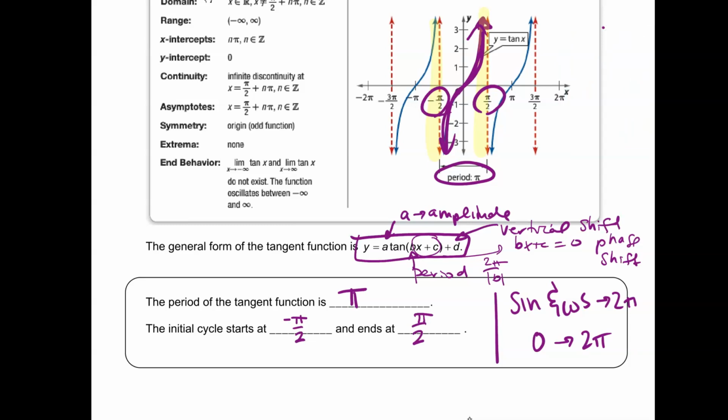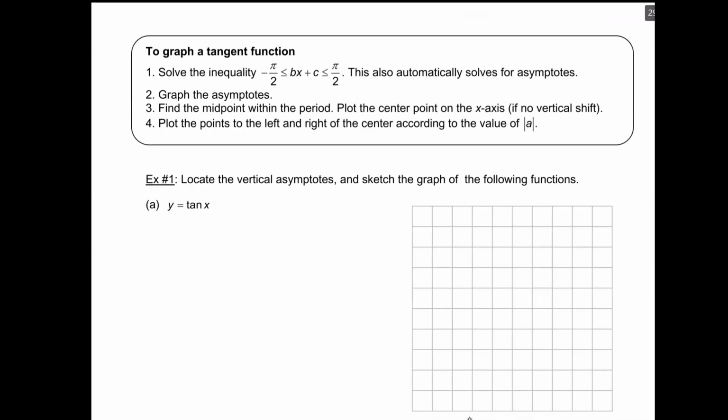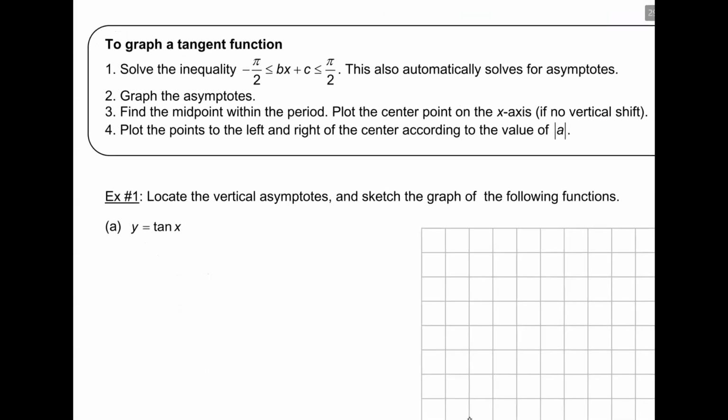Okay. So, to graph the tangent function, solve the inequality: negative pi over 2 less than bx plus c less than pi over 2. This is what we were doing before, where we set the stuff inside less than or equal to 2 pi, but that was for sine and cosine, because for sine and cosine we go 0 to 2 pi.